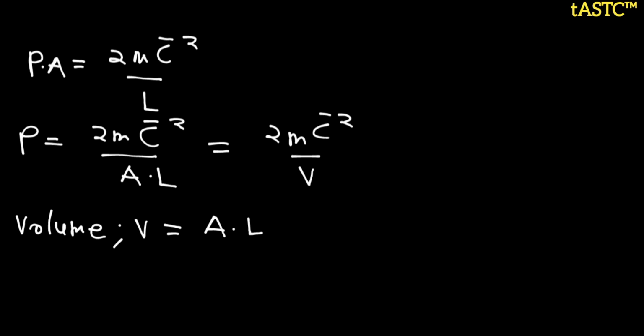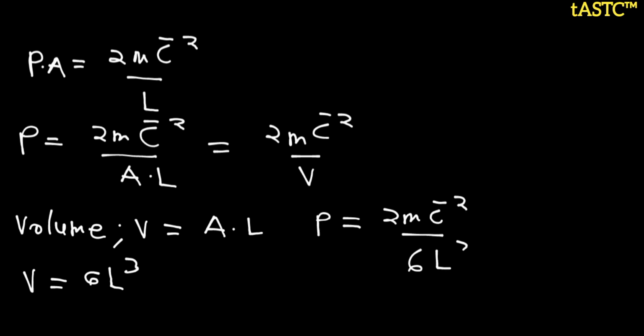V is the volume of the cube. What is it going to be? We know that the volume of a cube should be 6L raised to the power of 3. So in this case, P will be equal to m c bar squared divided by 6L cubed, right? So we know 2 can cancel here and make it 3 below.